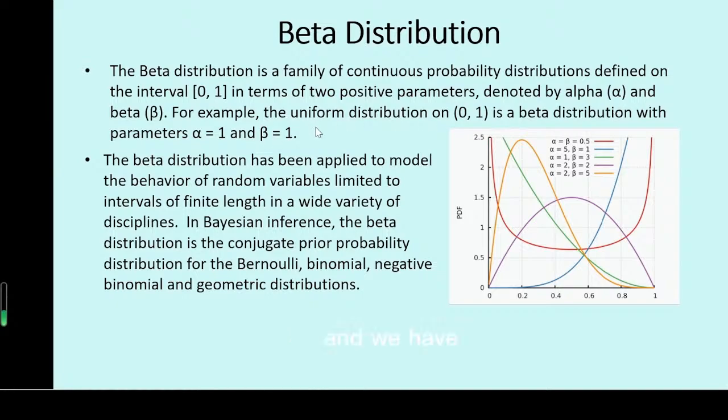Many people know the uniform distribution also models the random variable with the same probability density in the range of A and B. If in the uniform distribution A and B are 0 and 1, the uniform distribution is a special case of the beta distribution with alpha and beta both equal to 1.